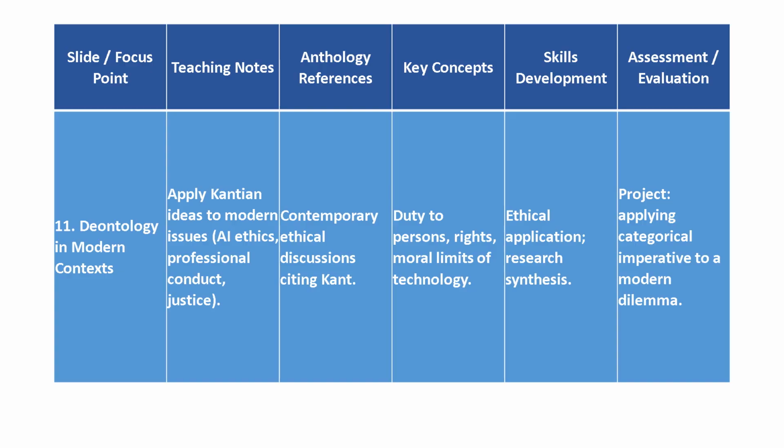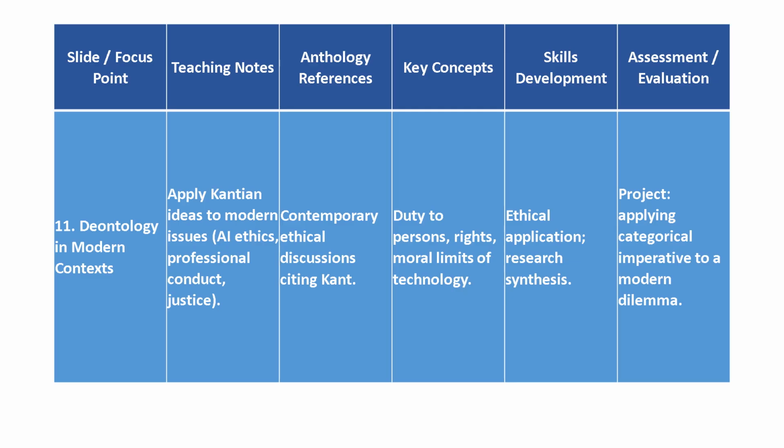And now we come to number 11, which is deontology in the modern context. It's about applying Kantian ideas to modern issues: AI, ethics, professional conduct, justice. In the anthology references is a contemporary ethical discussion citing Kant, which is lovely.